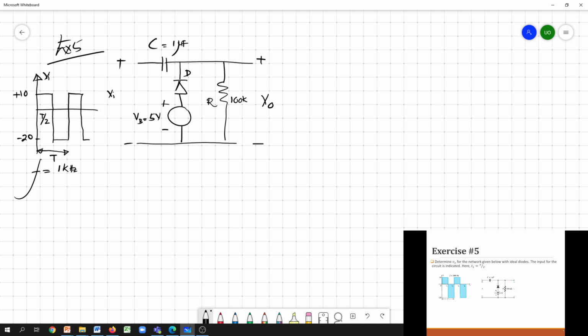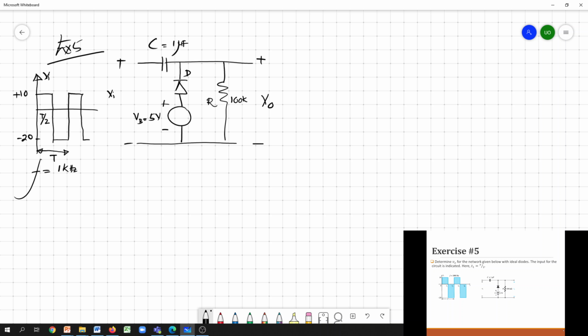But in addition to the diode, the capacitor and the resistor, we have an additional component in the circuit, which is the biasing source. So now we have a diode plus the biasing voltage, a 1 microfarad capacitor and a 100k resistor.